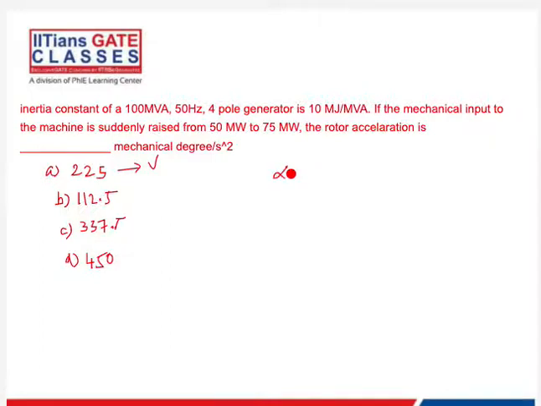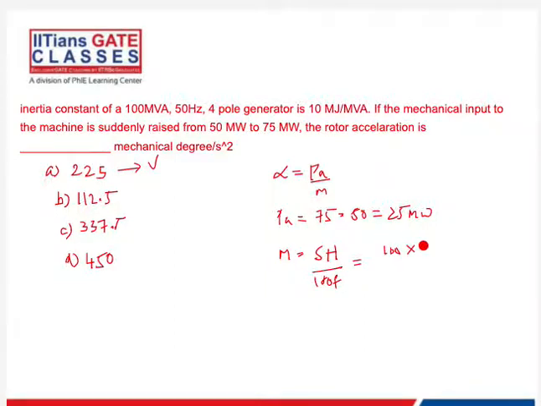We have to calculate alpha is equal to PA by M, right? So what is PA? 25 megawatt, right? Now what is M? We are asking in degrees. It is SH by 180 F. What is S? They have given us 100 MVA, H is 10 MJ per MVA, divided by 180 into 50.